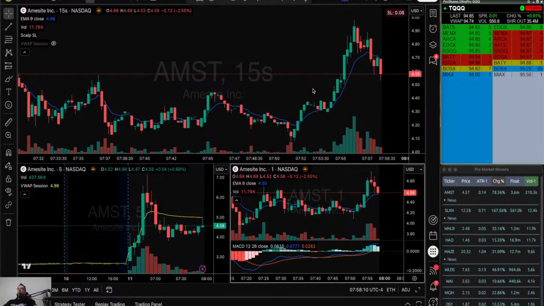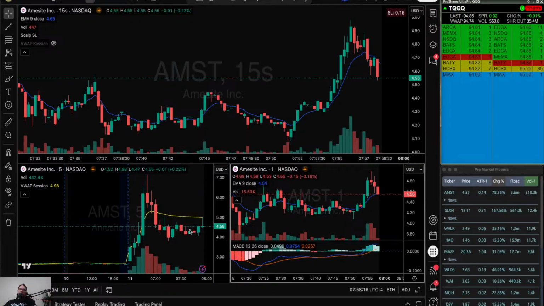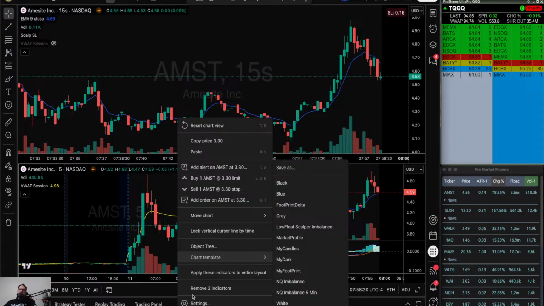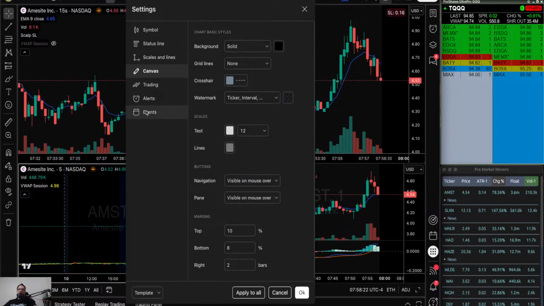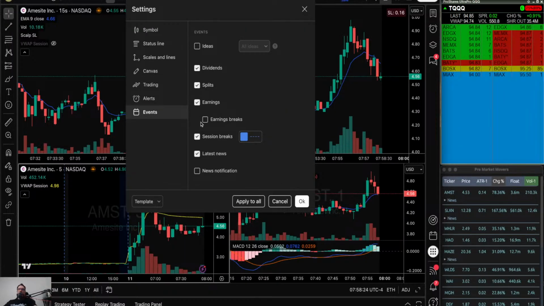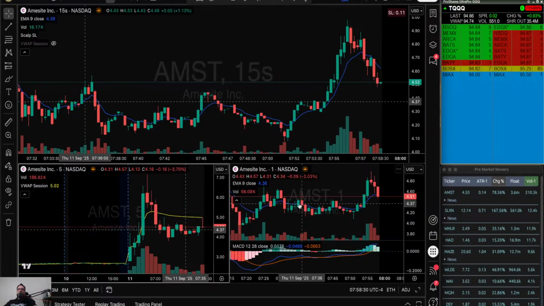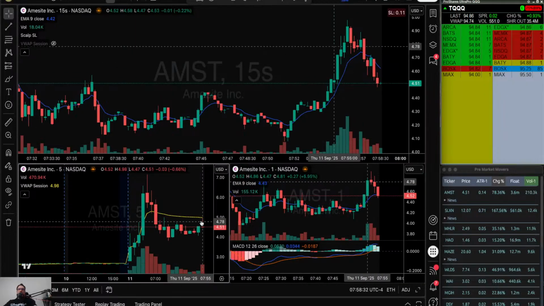I think it probably needs to scan a little bit faster than that, but it's scanned and it's showing that the 5 minute is setting up. Earnings. I don't care about earnings. Latest news. Okay. It showed up on the Momo scanner.